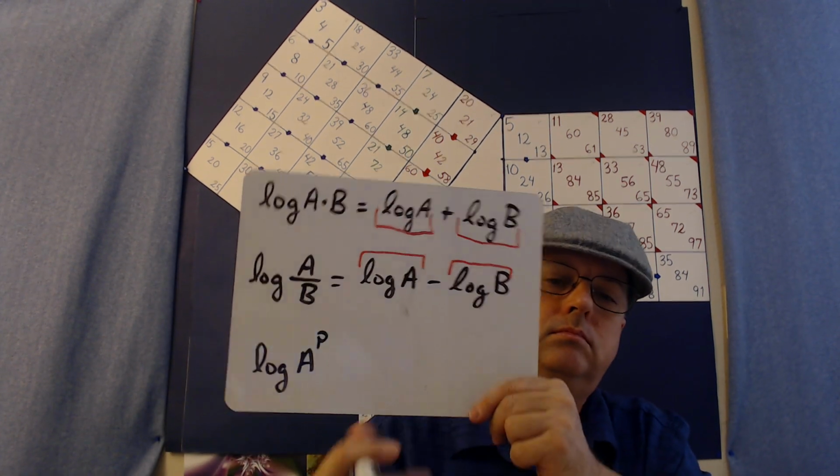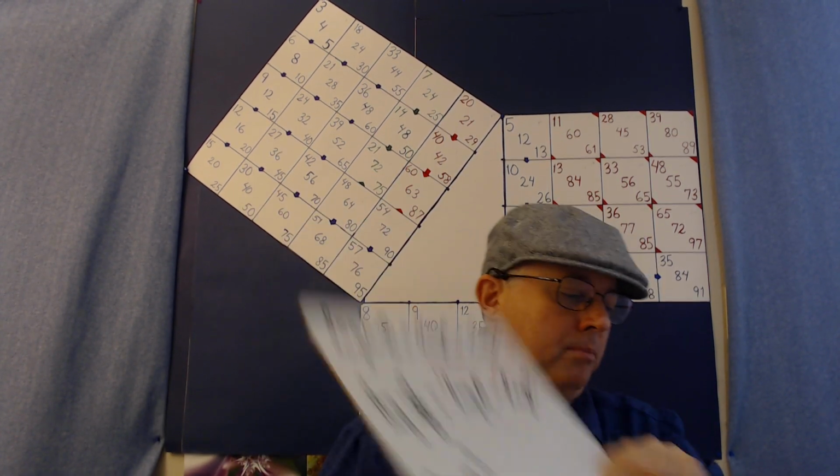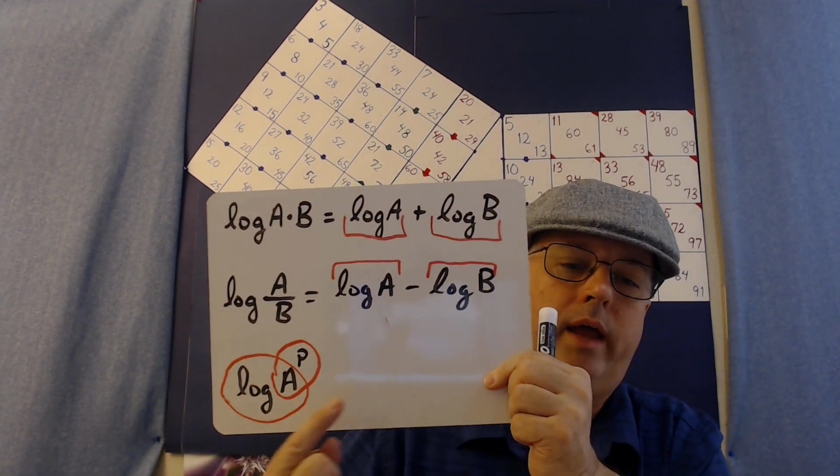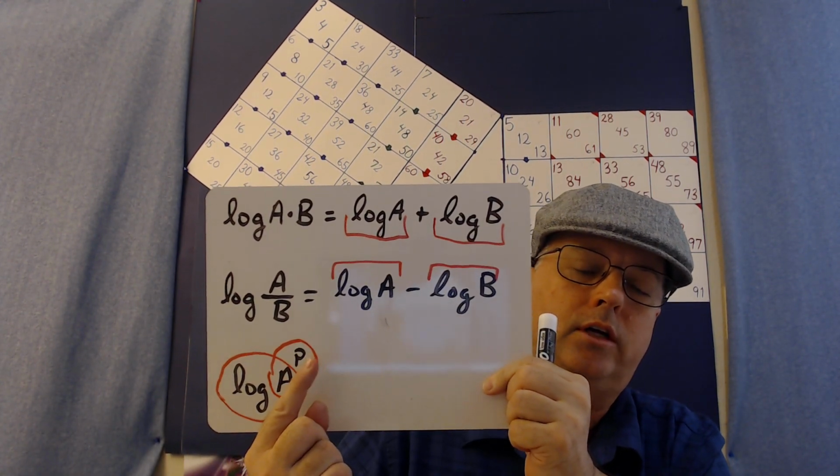And then, if we have a power to a power, how does that look? Well, we have log of A to the P. So when we have a power to a power, isn't it that the log of A is an exponent? And here we have a power. So the log of A is an exponent, and there's another exponent right here.